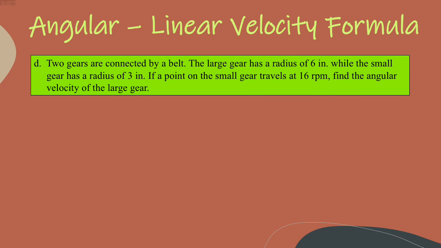Our last problem, D, states that 2 gears are connected by a belt. The large gear has a radius of 6 inches, while the small gear has a radius of 3 inches. If a point on the small gear travels at 16 RPM, find the angular velocity of the large gear.